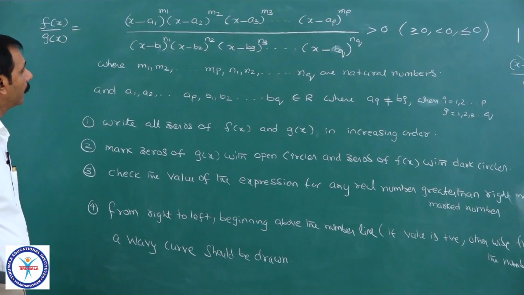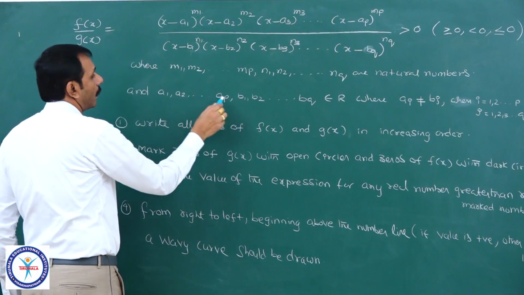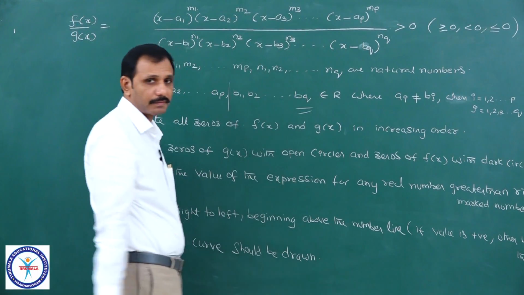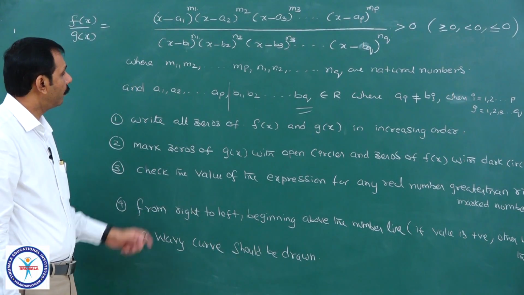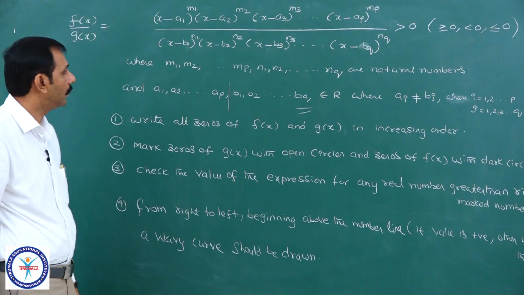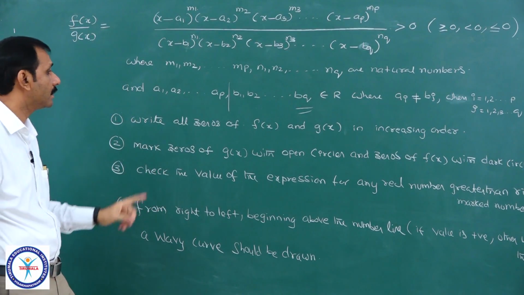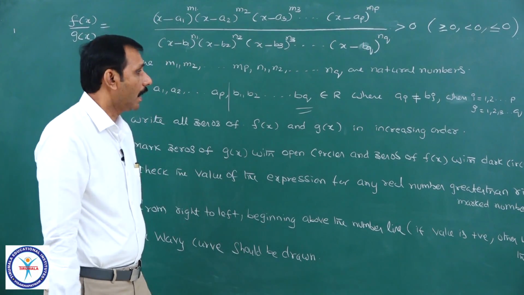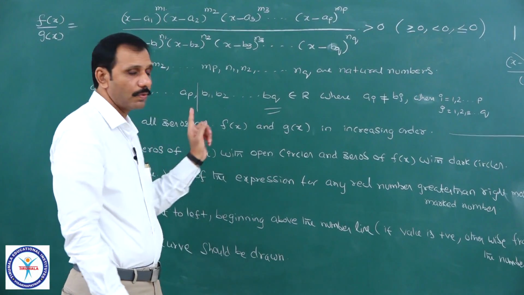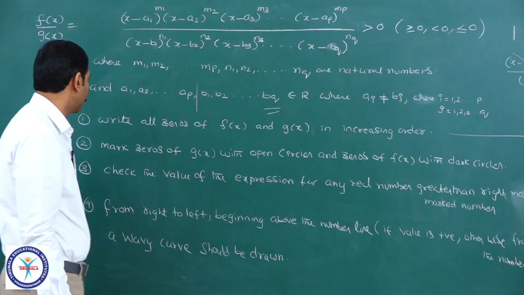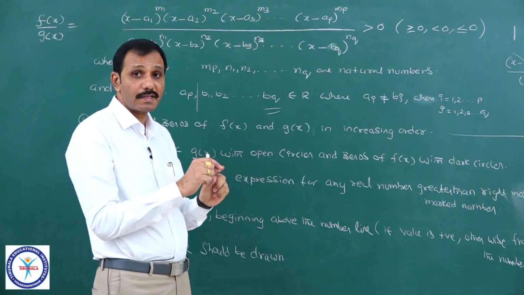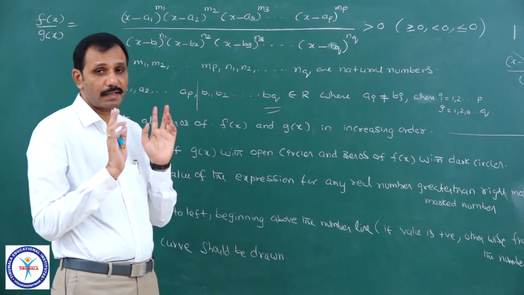Now, a1, a2 and so on, ap are the zeros of the numerator, and b1, b2 and so on, bq are the zeros of the denominator. First, write all these zeros in increasing order, that is, the zeros of f of x and the zeros of g of x, take a real line and mark all these zeros. Mark the zeros of the numerator f of x with dark circles and the zeros of the denominator with open circles.